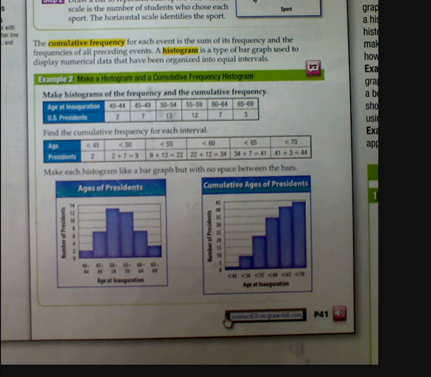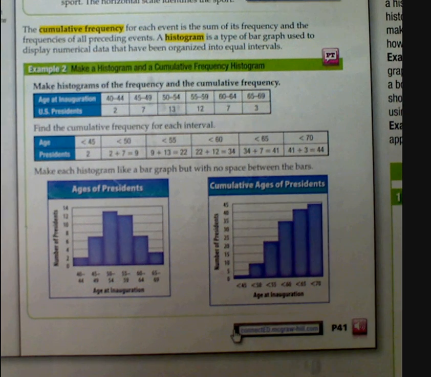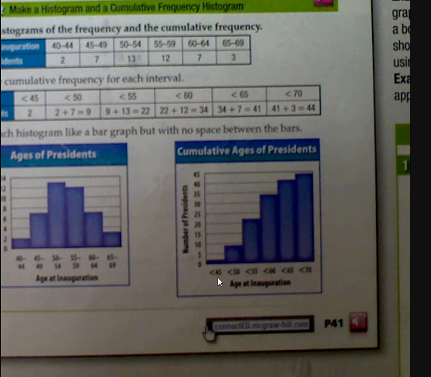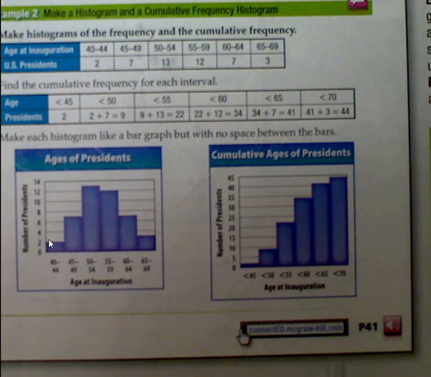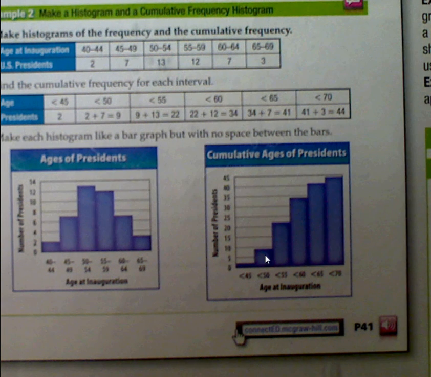So whenever they say less than 45, let me zoom in a little bit. When they say less than 45, then that's all the ages from 44 below. Then they say less than 54, or 50. So then what they do is they add these two. This was 2, this was 7, so now we're at 9.